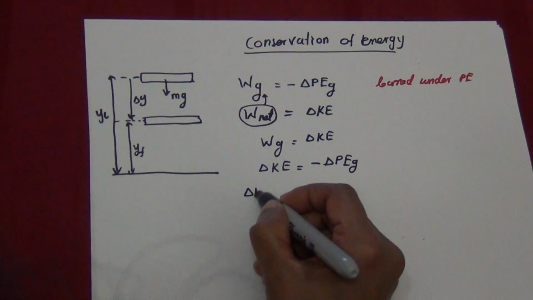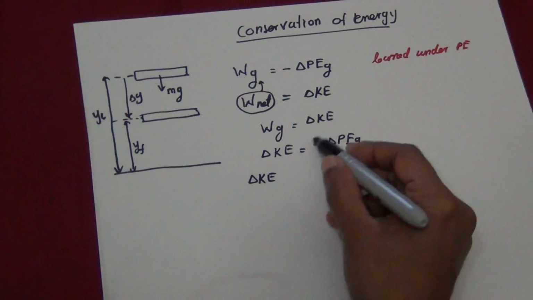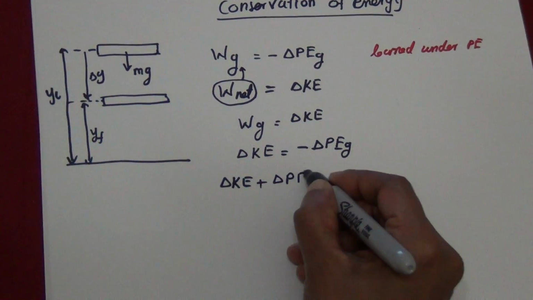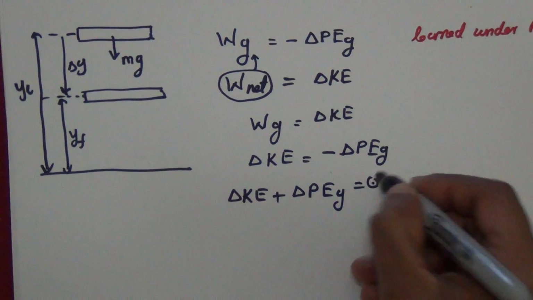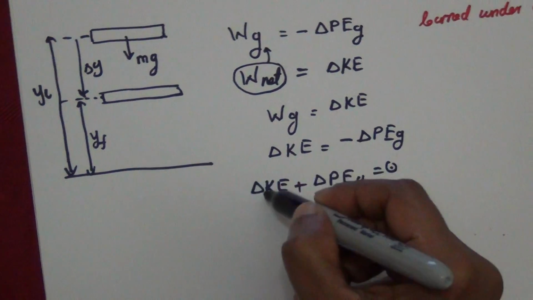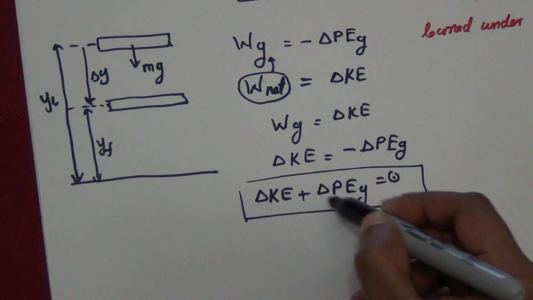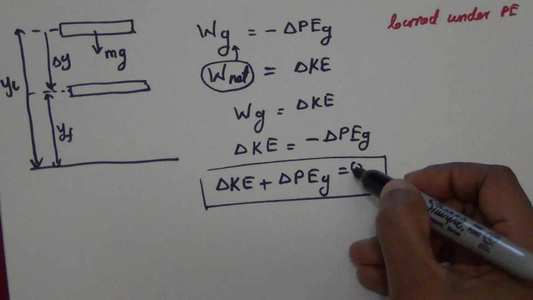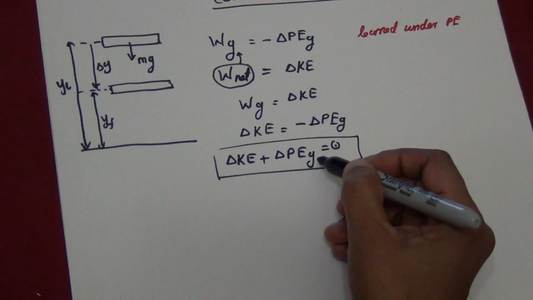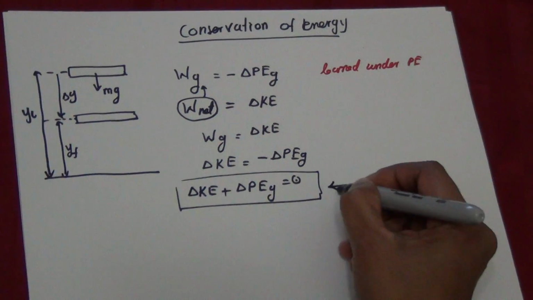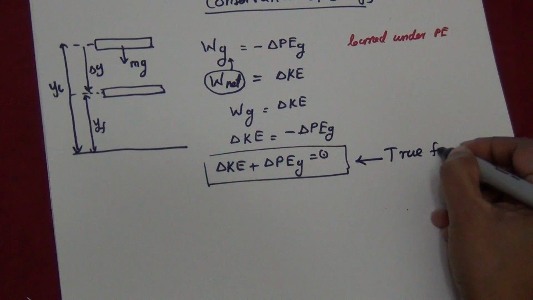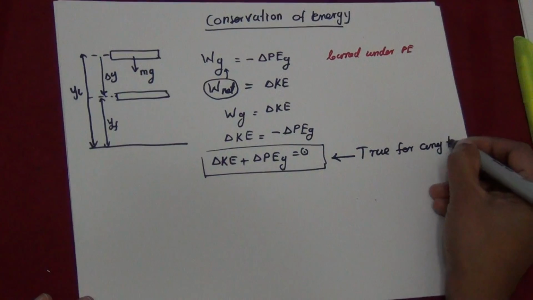Now I can rewrite it by adding this part to both sides, so the PEG becomes 0, right? The change in kinetic energy plus the change in potential energy equals 0. That means the initial and final are going to be equal. But this result is true for any type of potential energy.